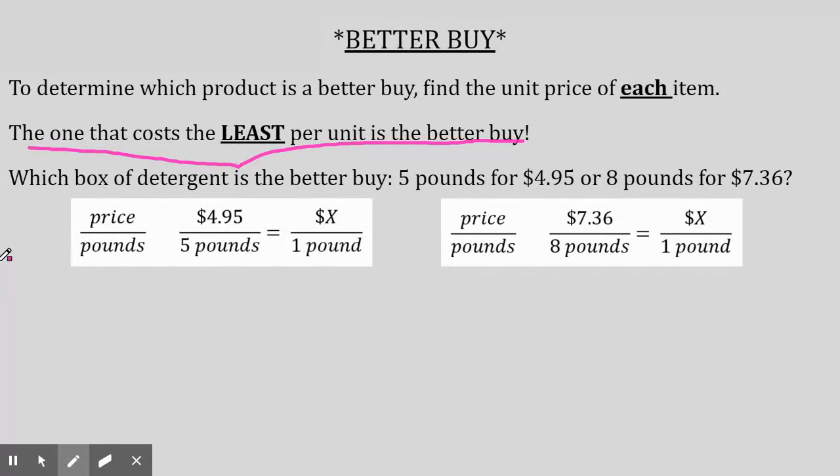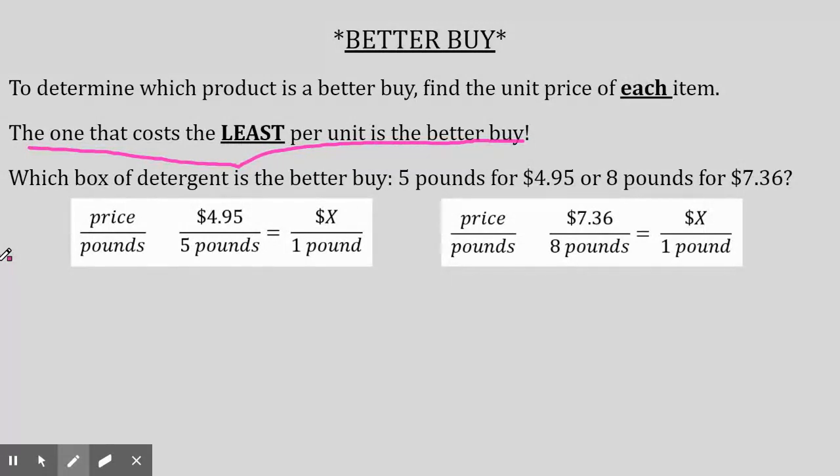So please, in this situation, do not automatically look at something and go, oh, that sounds like a better deal. No. You have to do the math behind it. Once again, don't choose what you think is the better deal. Do the math, and let the math do the talking, because otherwise you may get it wrong.